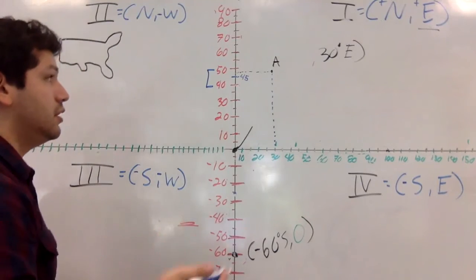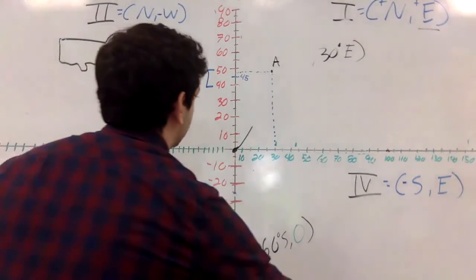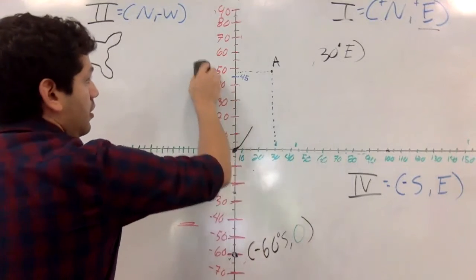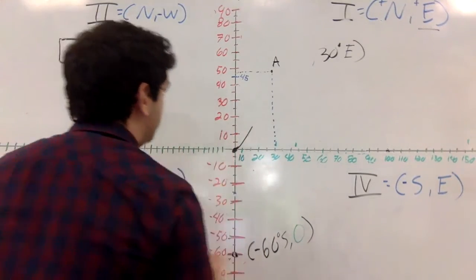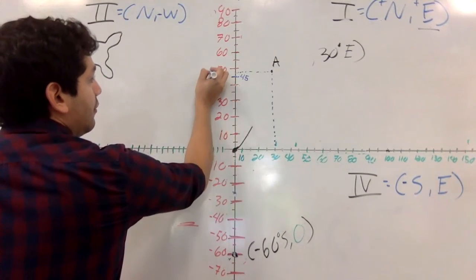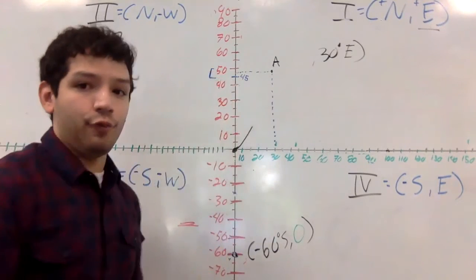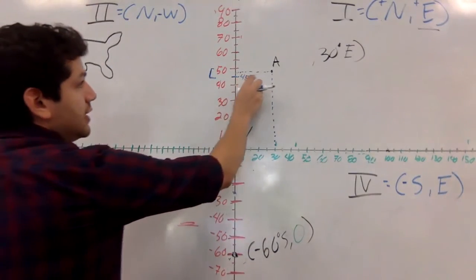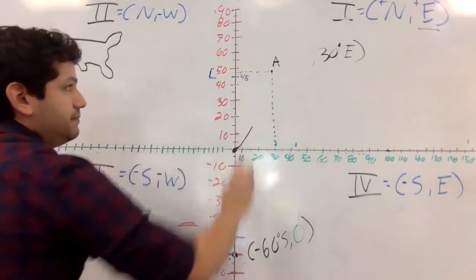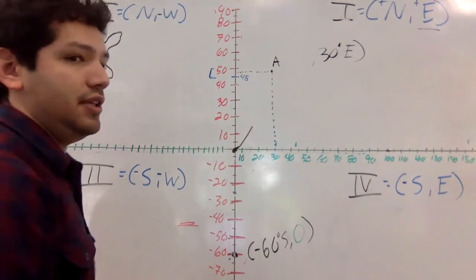right? So now we have two different sets of numbers. Now we know that it's not between 40 and 50, but it's actually between 50 and 45. It looks like it's going right towards the middle between 45 and 50.